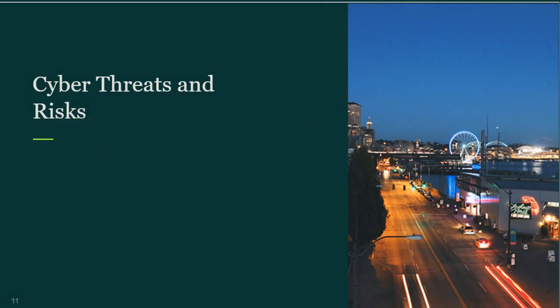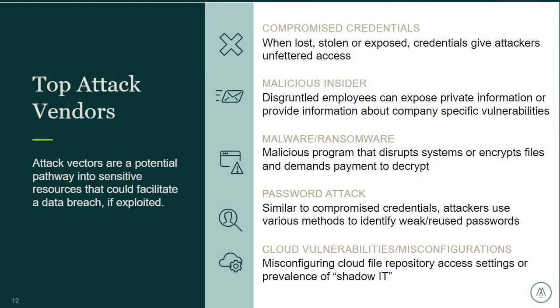So with that, let's talk about some of those threats and risks that our organizations are facing today. Some of the top threats that we're seeing out there, and it's not top attack vendors, it's top attack vectors.